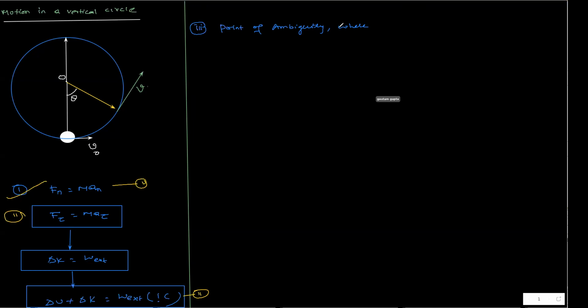So the point of ambiguity will be the point where all the forces are directed towards the center, right? So the point of ambiguity is the point where all the forces are directed towards the center.